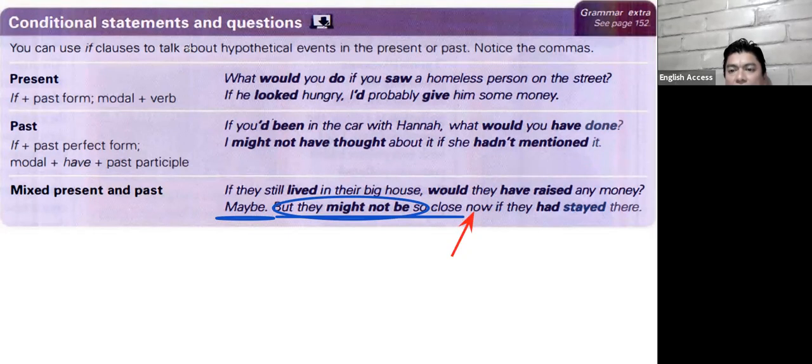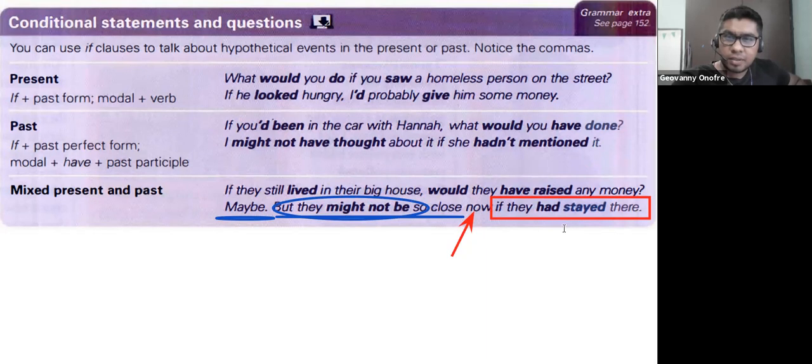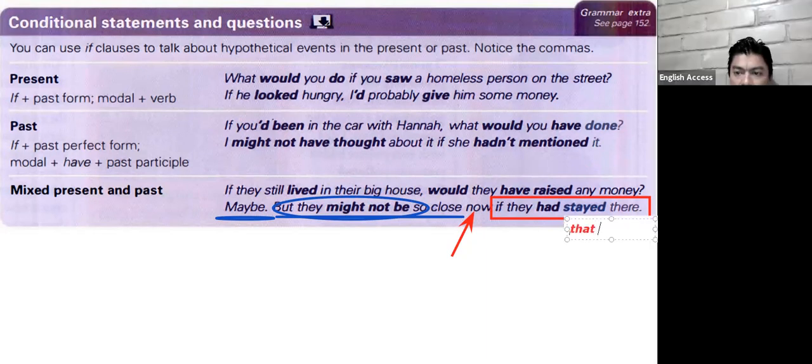So today, if they had stayed there, today or in the past? In the past. That day in the past. So we have mixed conditionals. We have today and that day in the past.